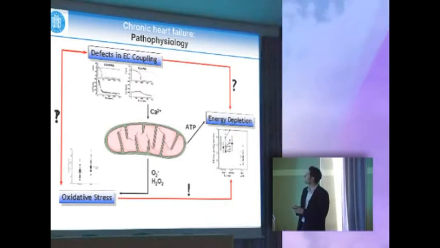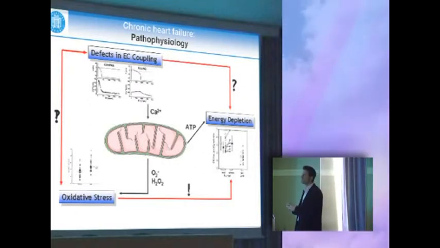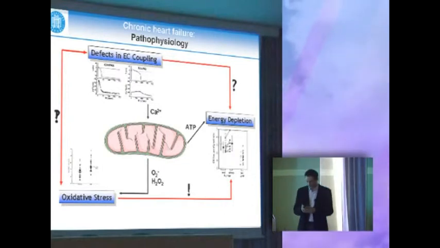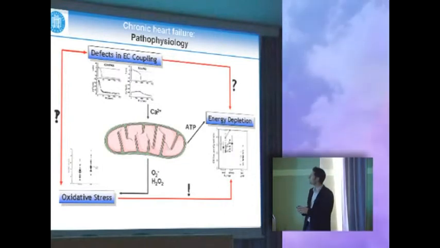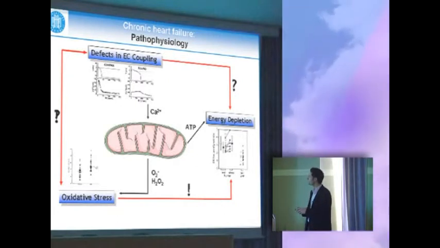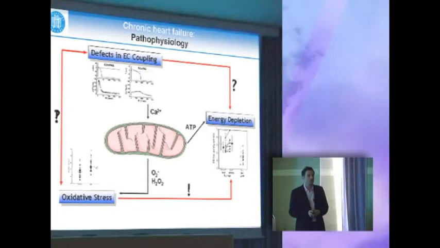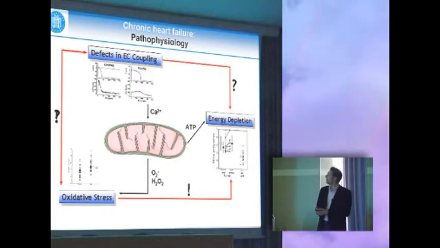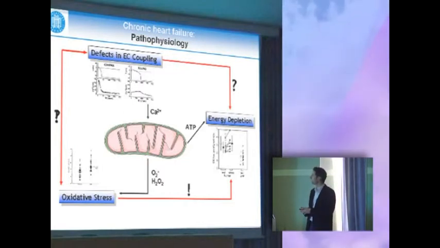What is less clear, however, is whether defects in EC coupling can actually induce oxidative stress or energy depletion. This was the center of our interest, since mitochondria are the most important source for ATP, but also for reactive oxygen species, or ROS, and their function is importantly regulated by calcium.